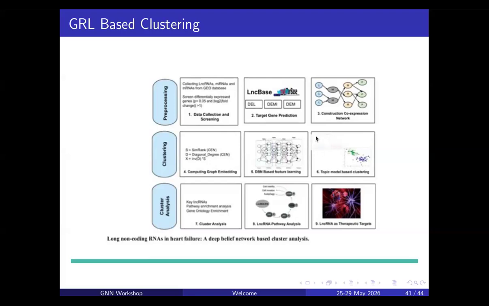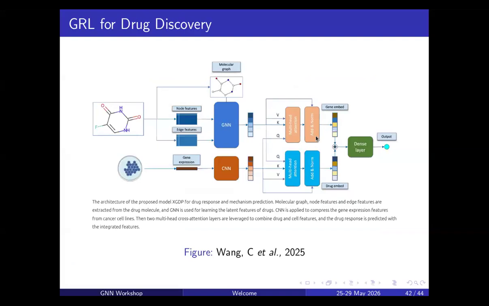Then the last one is adapted from a recent paper by Wang et al., published in 2025. So this paper is basically about how graph representation learning using graph neural networks is used for drug discovery, one of the most important areas in biomedical applications.